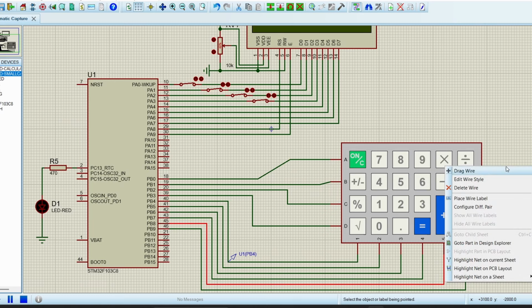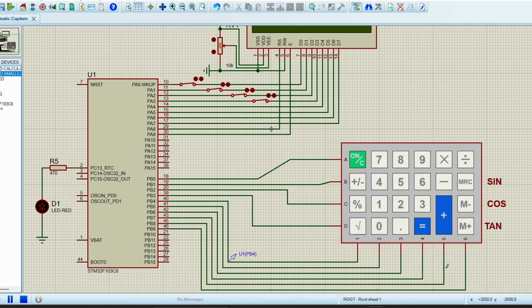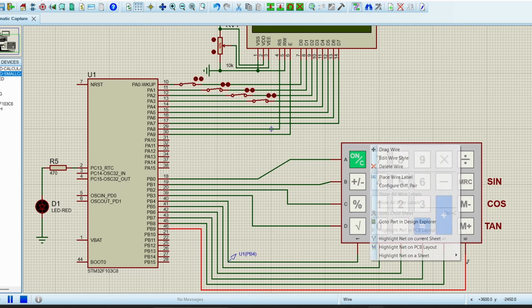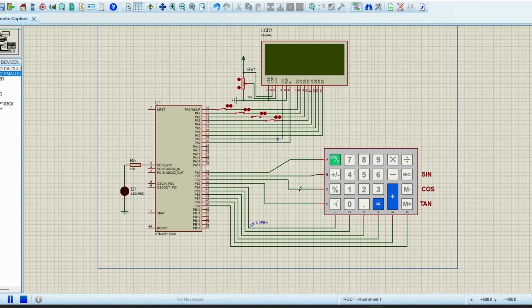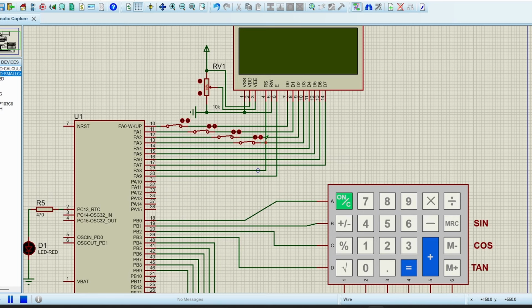As you can see, column 5 is connected to PA8, and column 6 is connected to PB9. So four pins are connected to rows and 6 pins are connected to columns. We have not made any changes to the LCD connections.